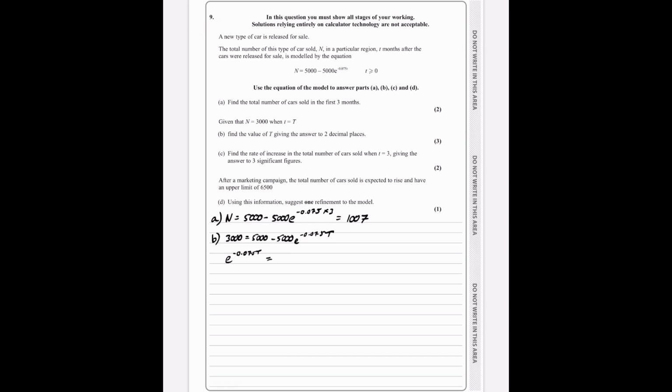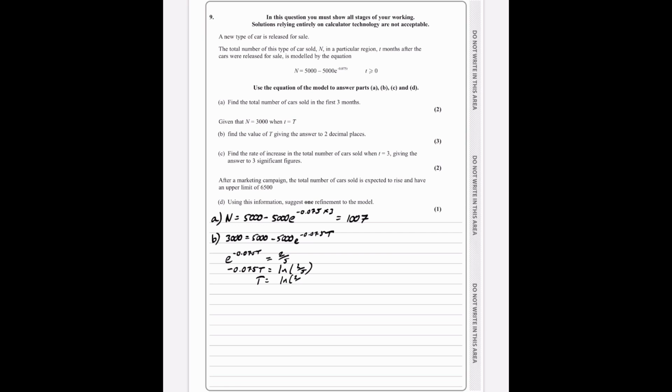So e to the power of negative 0.075t is equal to 2/5. Take natural logs of both sides. We'll get negative 0.075t will be equal to the natural log of 2/5, ln of 2/5.